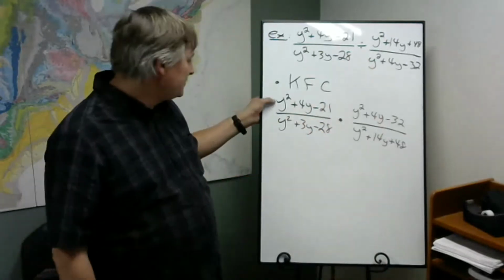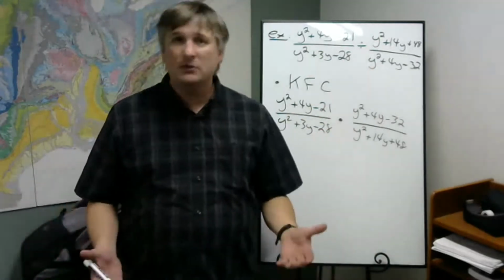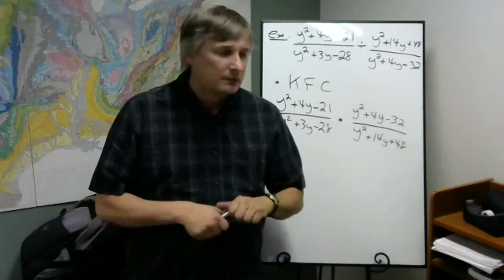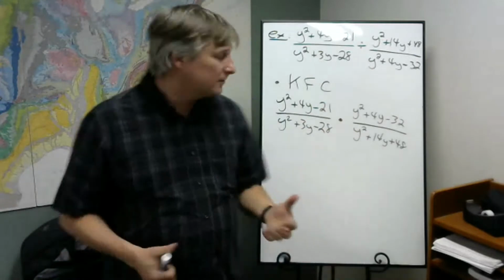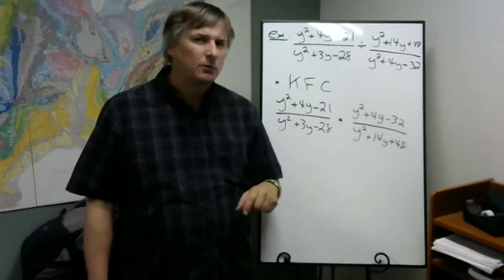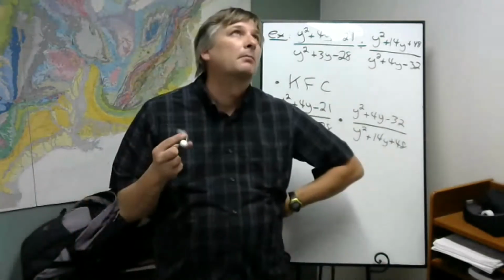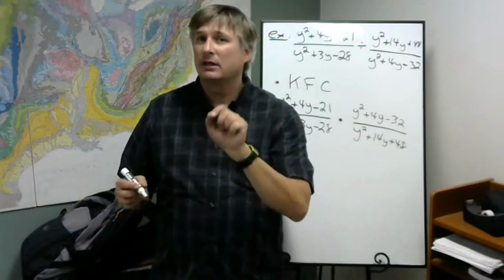Now, all of these have invisible ones in front of the leading term. So that means all of these we can factor using the guess and check method. So for this one, two numbers that add up to 4, multiply to negative 21. 7 and negative 3.